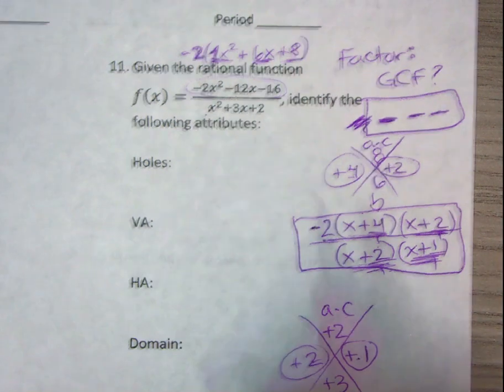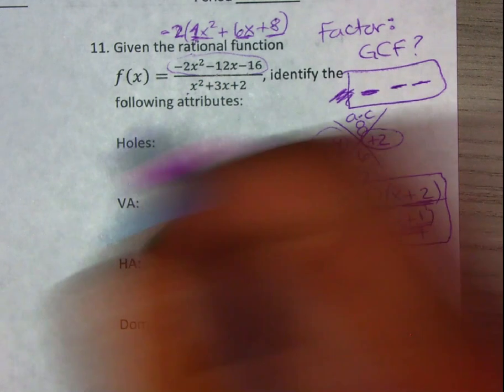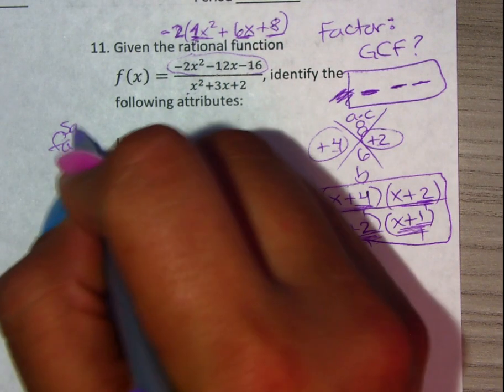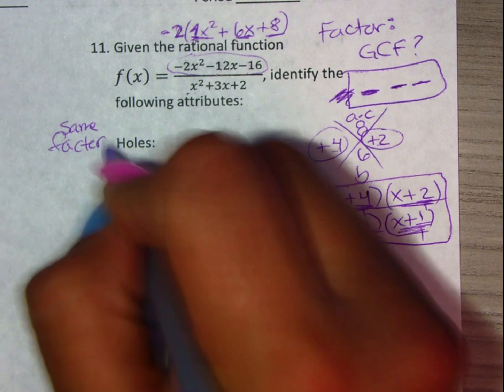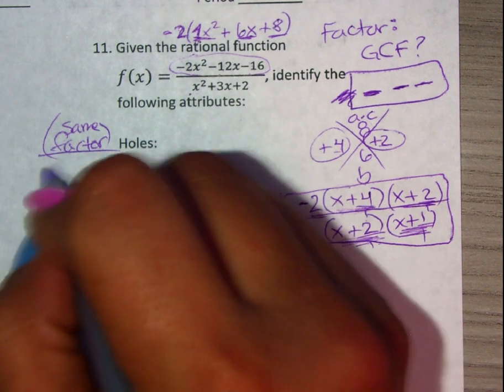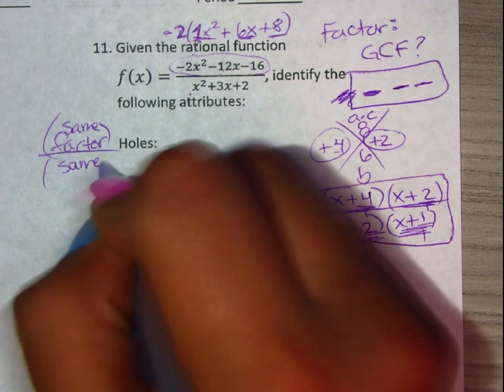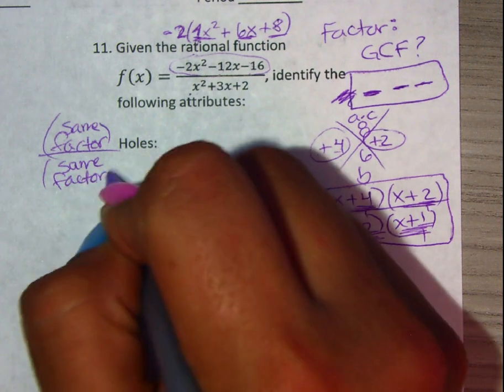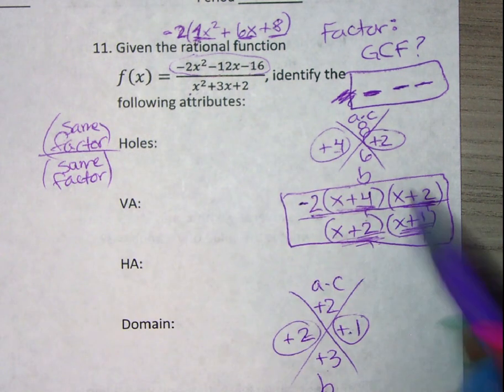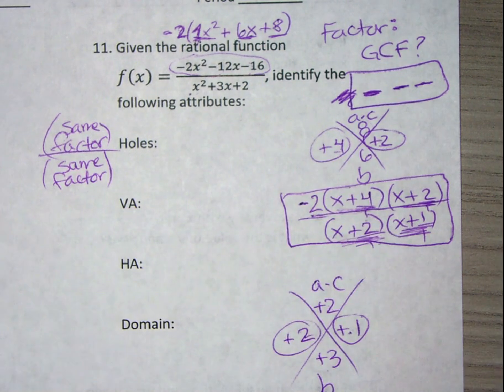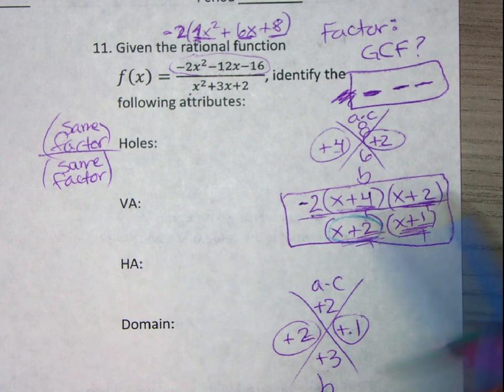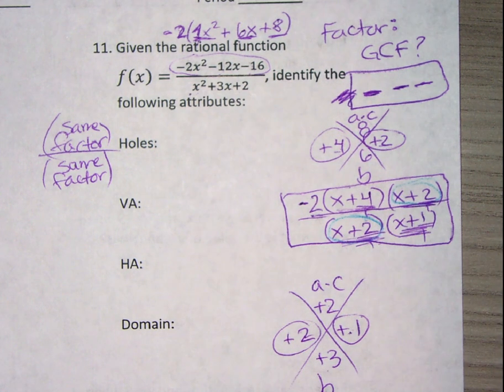So the holes are found whenever you have the same factor on the numerator and the denominator. So you look for the same factor on the numerator and denominator. If you notice here, the x plus 2 is on the numerator and denominator.